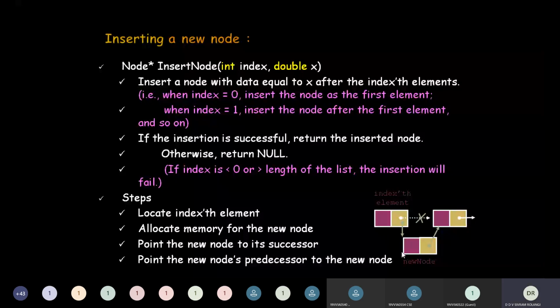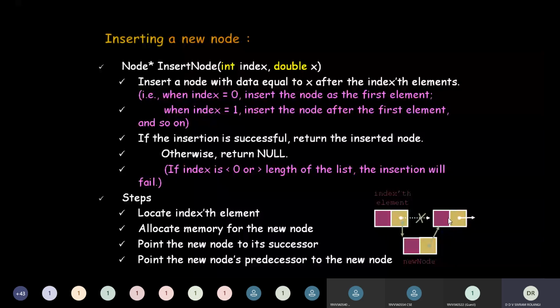Point the new node to its successor. What is the new node here? This one. The pointer of the new node now holds the address of the indexed node's next. What is the indexed node's next? This node, the indexed node's previous successor. Now it becomes the successor of the new node.